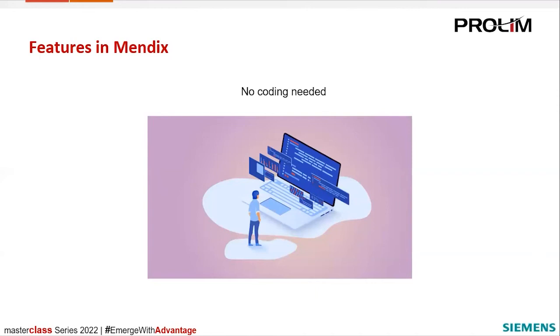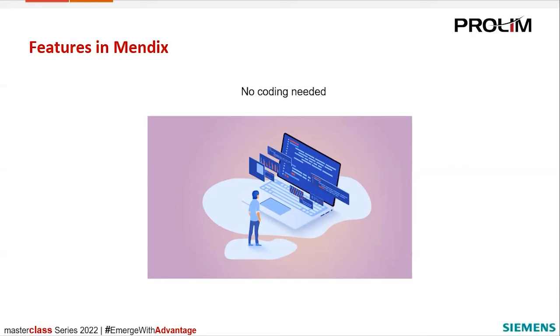But Mendix gives it all in very little time. For example, with Java, C Sharp, Python or any coding language, one particular functionality may take 10 days. But in Mendix, we can develop the same feature in just 2 or 3 days.